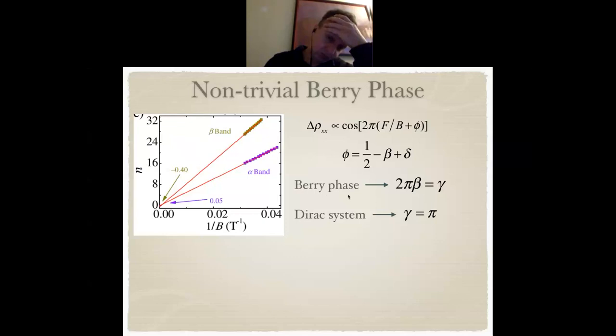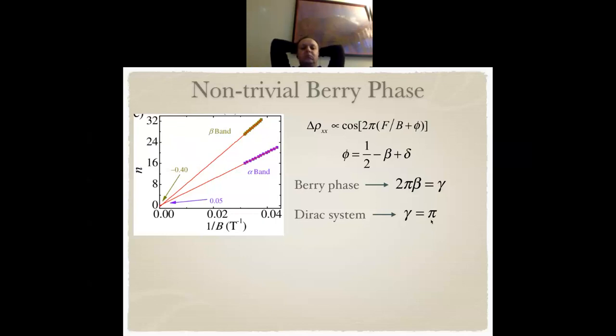So again, if you go around a closed loop in parameter space, you can acquire a Berry phase. And it's 2 pi times beta. And for a Dirac system with a linear dispersion, it has been theorized that you get a Berry phase of pi exactly.